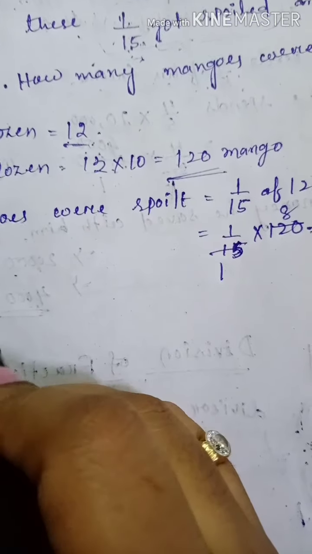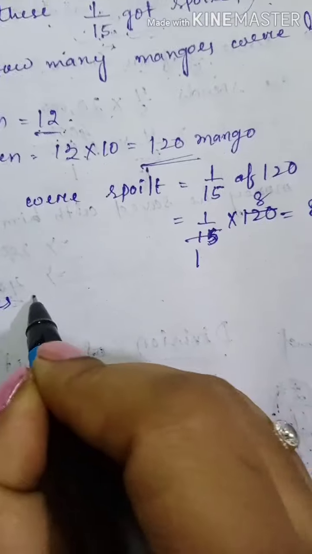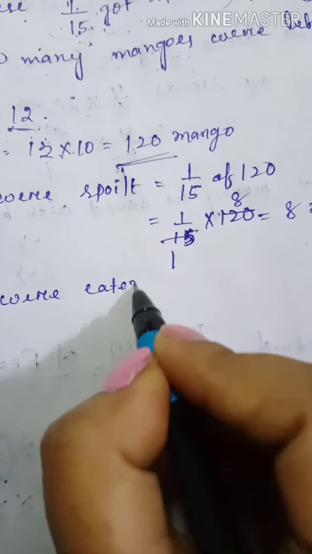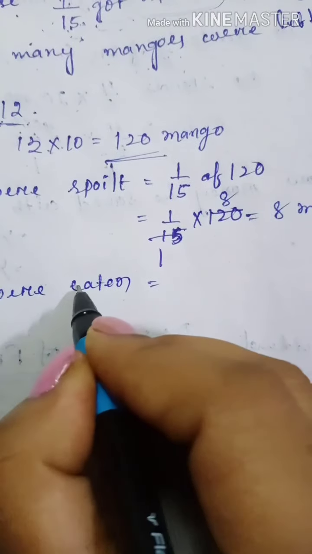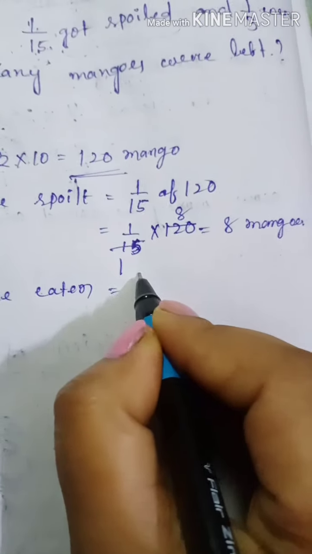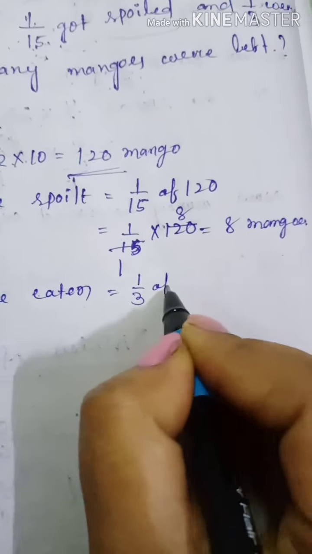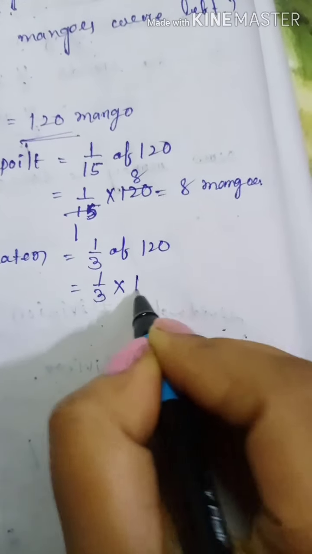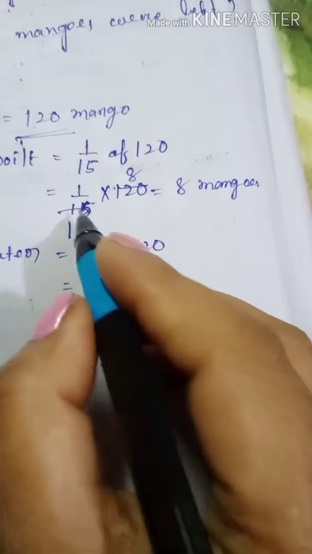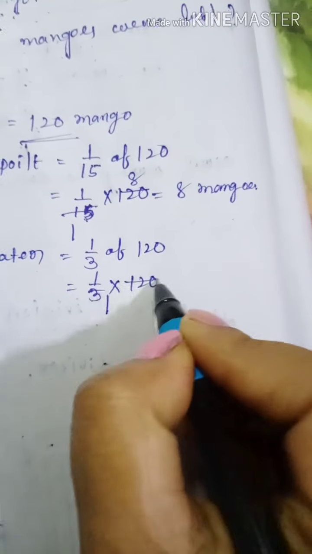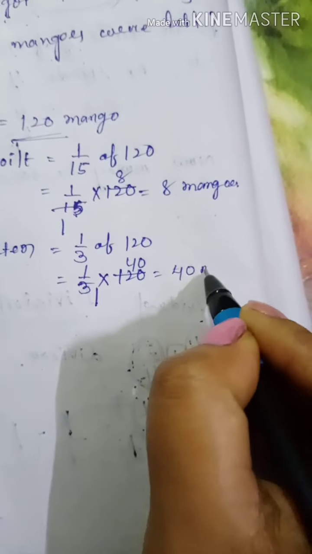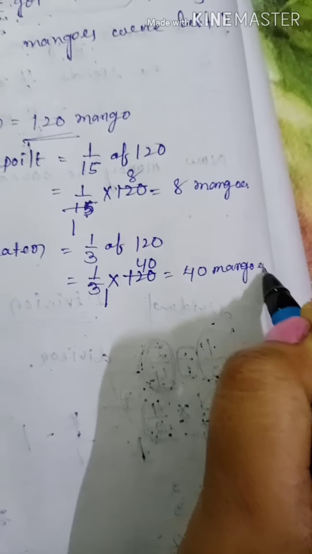So see, mangoes eaten is equal to how many? 1 by 3 of 120. That is equal to 1 by 3 into 120. Clear? 3 1s are 3, 3 40s are 120. How many mangoes are eaten? 40 mangoes are eaten. Okay.